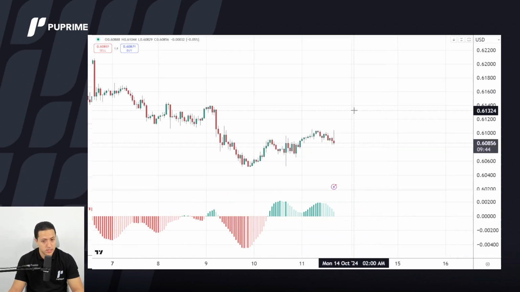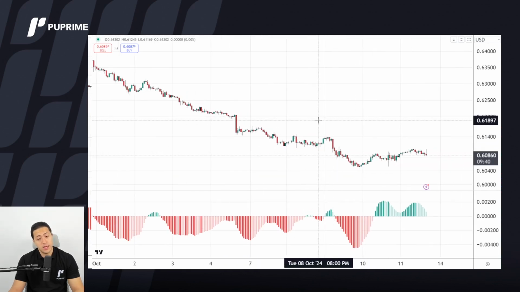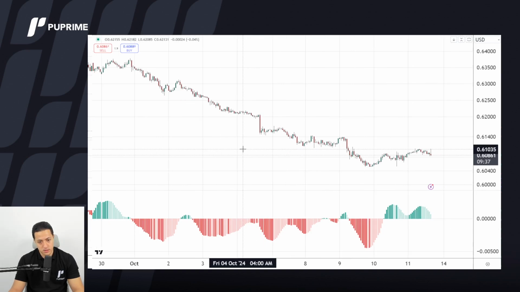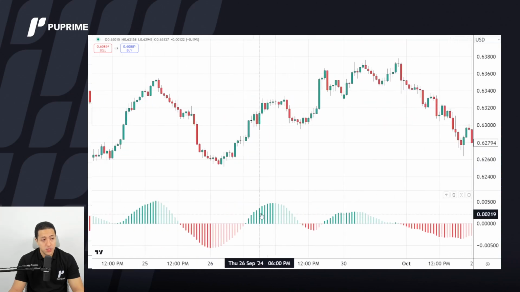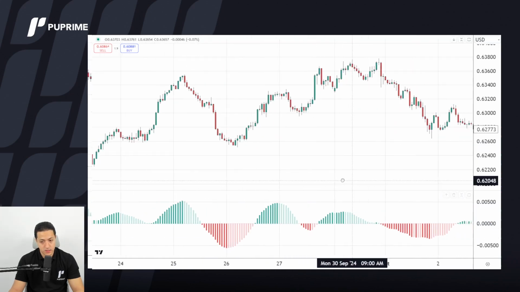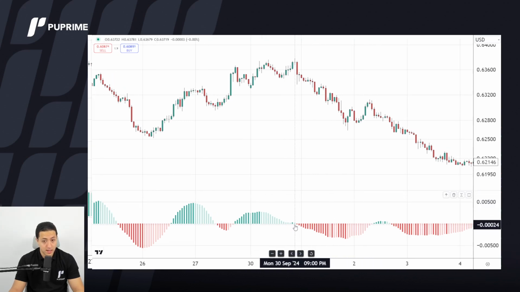This is squeeze momentum. The squeeze momentum can be used in many ways. First of all, you have two colors, either red or green. I know some people who basically sell when the colors turn red.